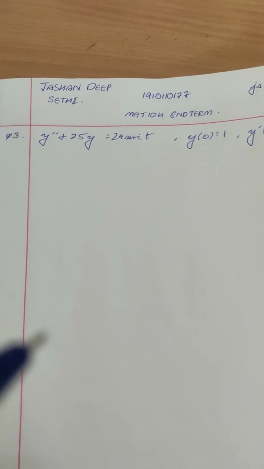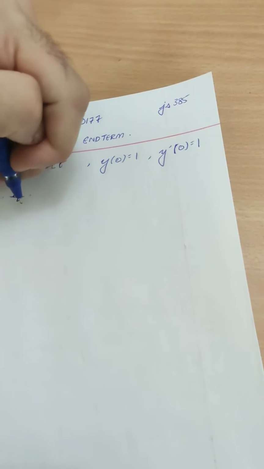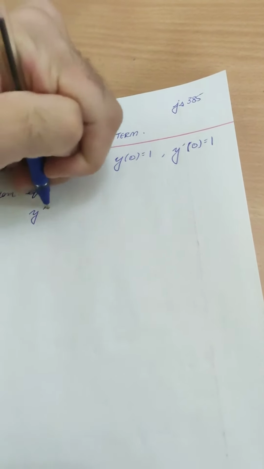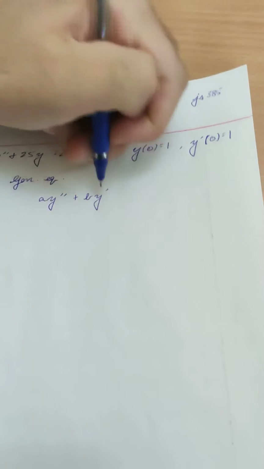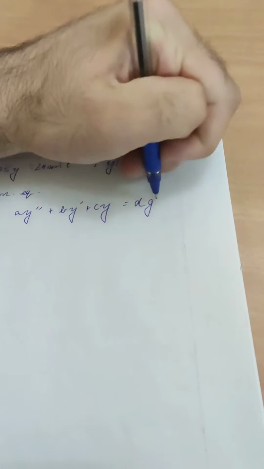So we know one thing, that the general equation for a system is a y double dash plus b y dash plus c y equals g(t).